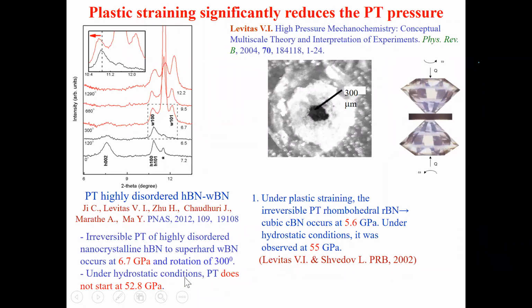But under hydrostatic conditions, such phase transition doesn't occur even at 53 GPa. Similarly, irreversible rhombohedral boron nitride to cubic boron nitride. It's 5.6 versus 55. So you see an order of magnitude reduction in transformation pressure, and I will show even stronger reduction.